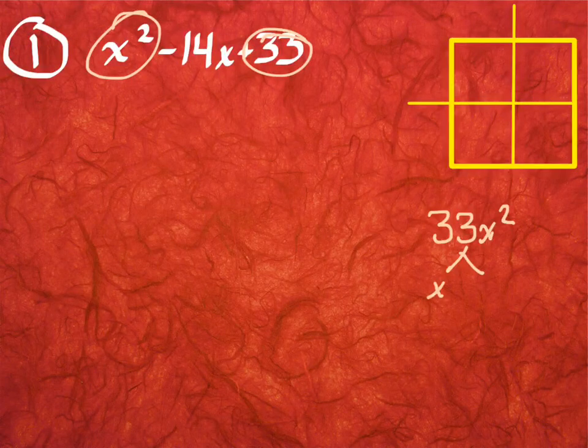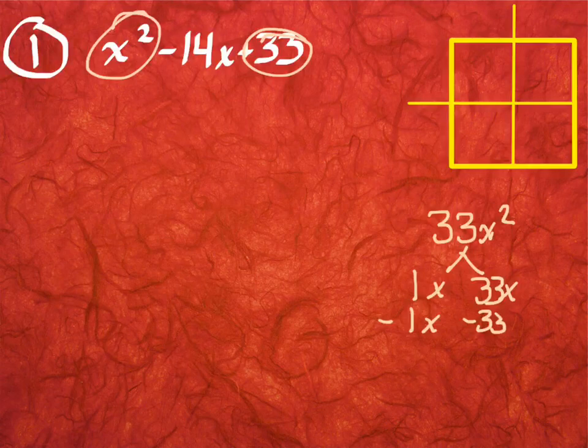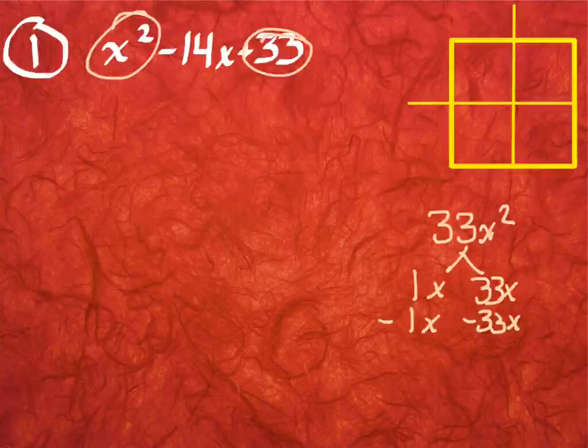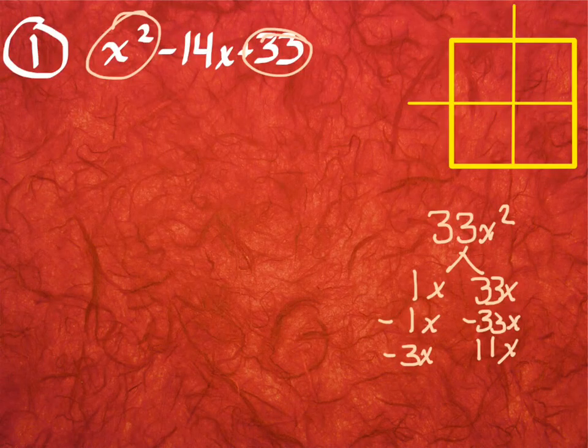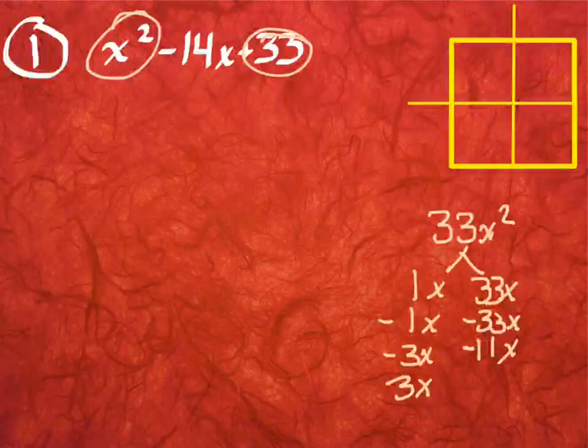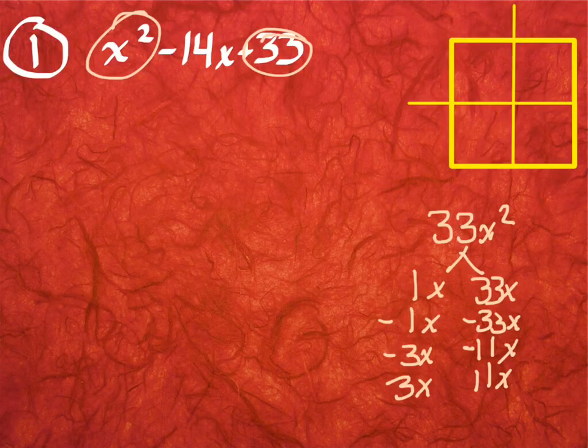Each of the terms is going to need an x. So to create 33, I could do 1x times 33x, negative 1x times negative 33x, negative 3x times 11x, 3x times the negative 11x, and a positive 3x times 11x.